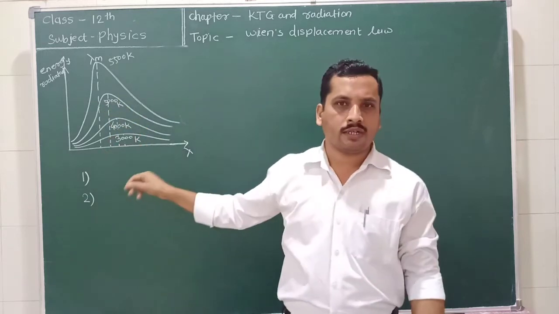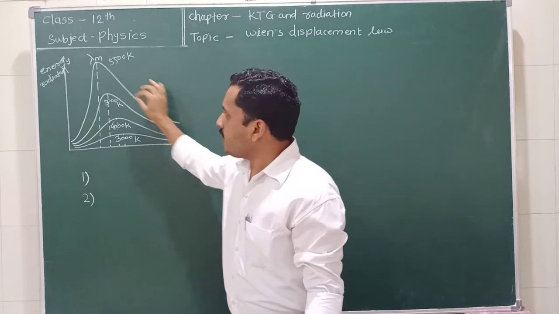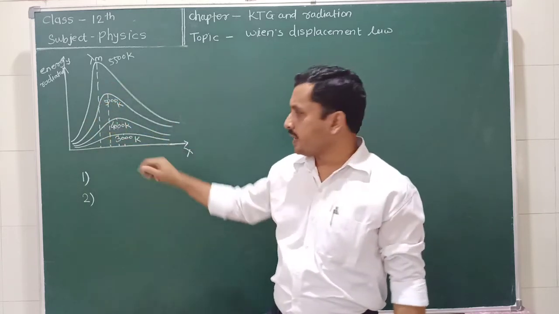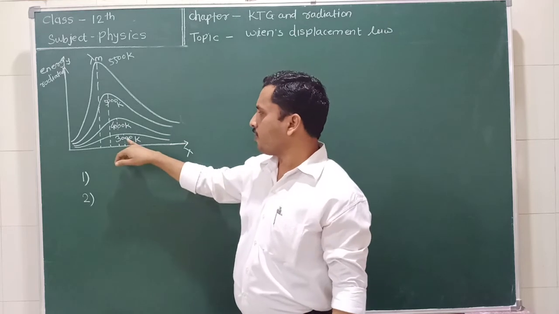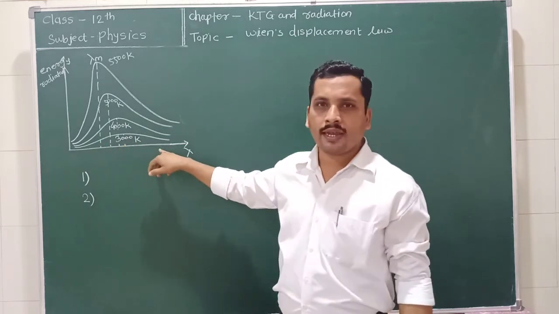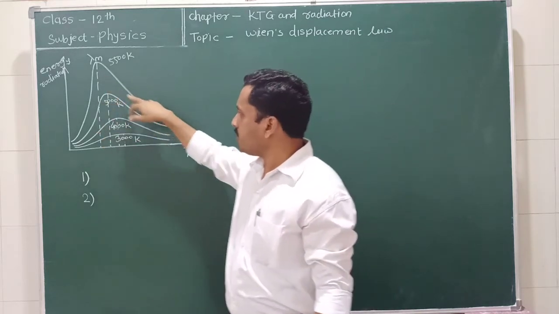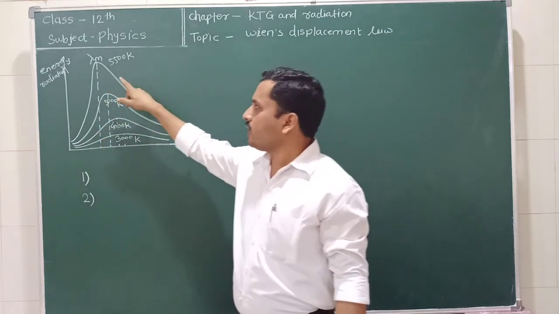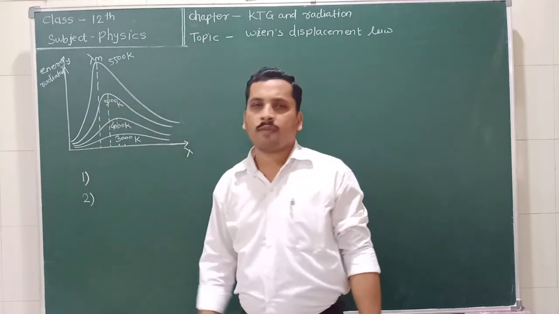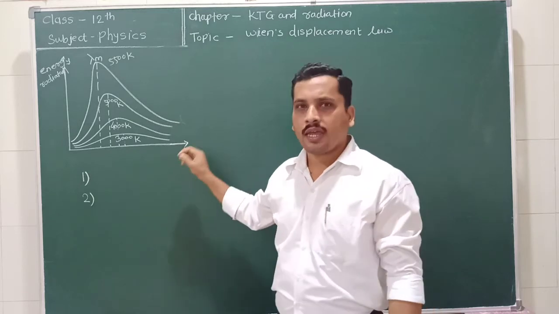What about the area? The area under each curve goes on increasing as the temperature increases. For example, for 3000 Kelvin, the area under the curve is very small. But as the temperature goes on increasing, the area under the curve increases, which shows that more heat is radiated per unit time per unit area.